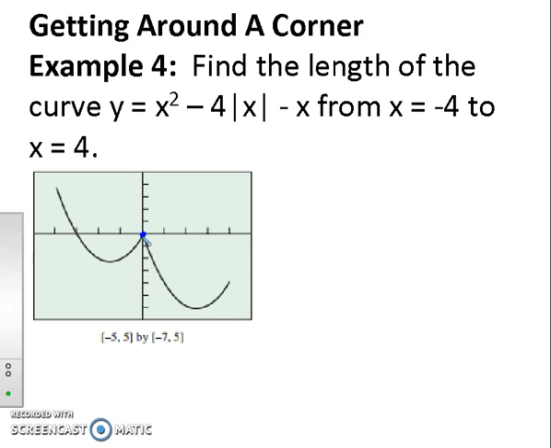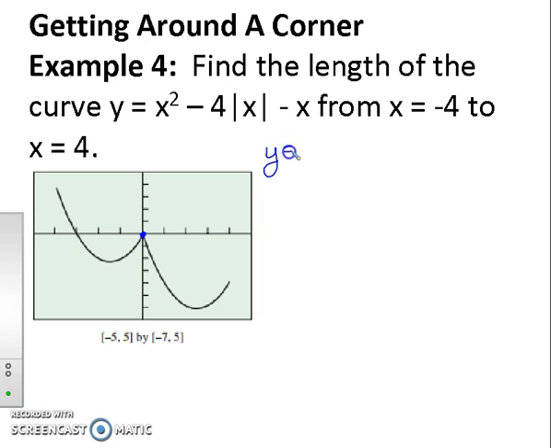So the function is not differentiable there, which means that we're going to have to integrate from -4 to 0, and then from 0 to 4. So that being said, we also have the issue of it being absolute value. So you would need to rewrite that for values less than 0 and for values greater than 0.